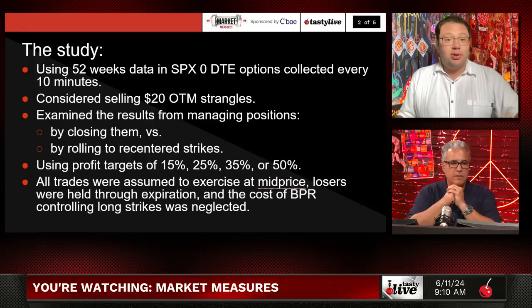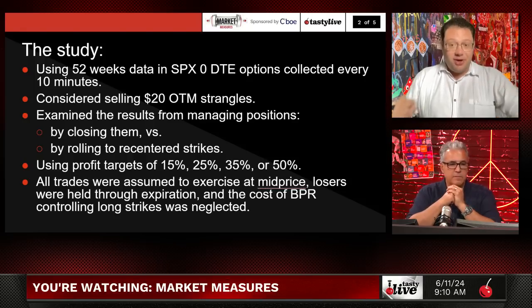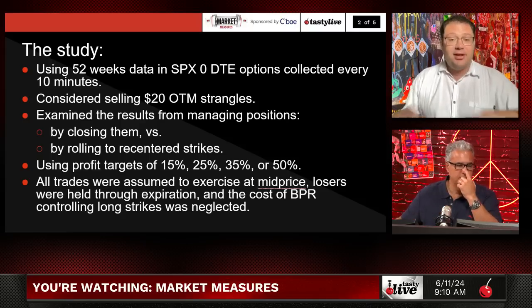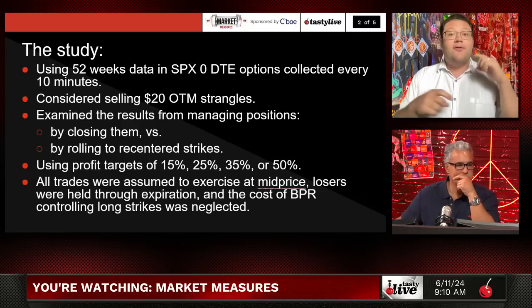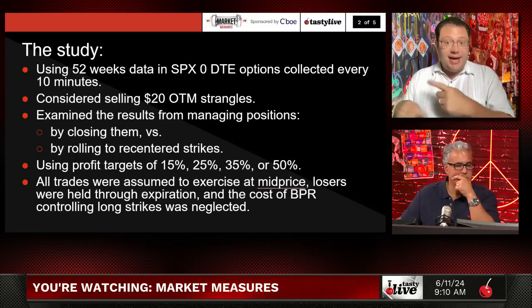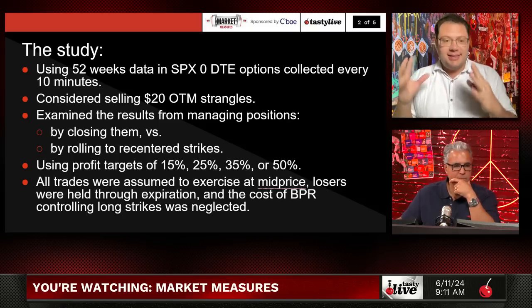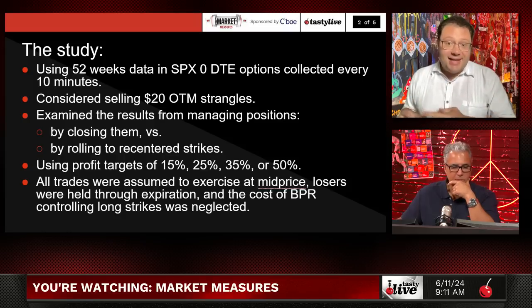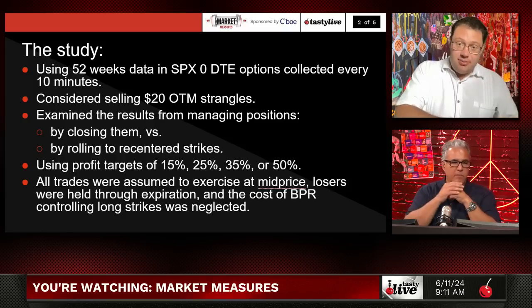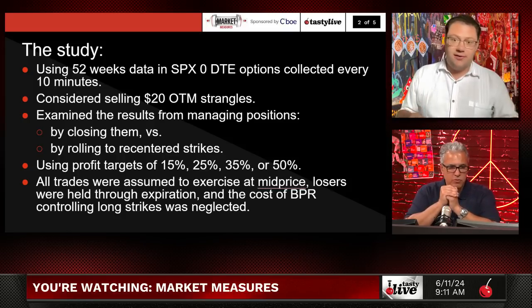In this study, we're going to close them and also roll them. So we're going to compare those two: just closing them, taking the profit, or rolling them for the rest of the day every time we get a new 15%, and then summing that P&L and seeing what the difference is between that and just closing them in the first hour or 2 hours if they work.